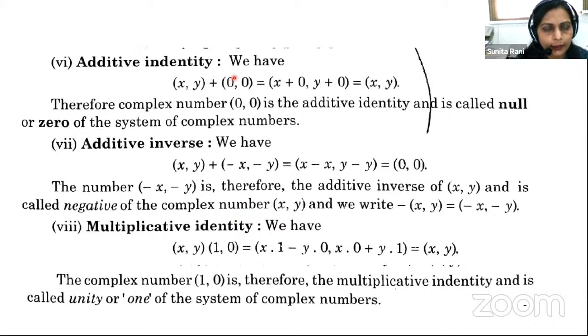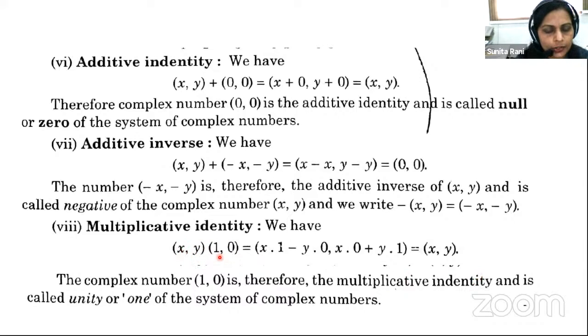Similarly, there is additive identity, then multiplicative identity. We have a complex number (x, y), and the multiplicative identity: if we multiply it with a complex number, we get the same complex number.